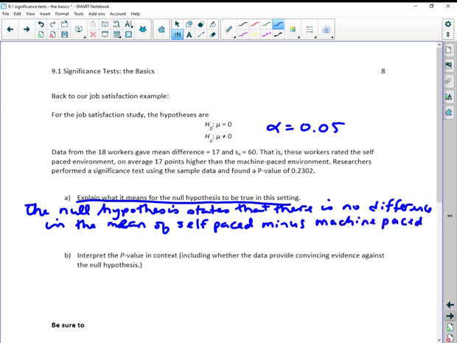So it doesn't matter which system they're using for the individual workers.